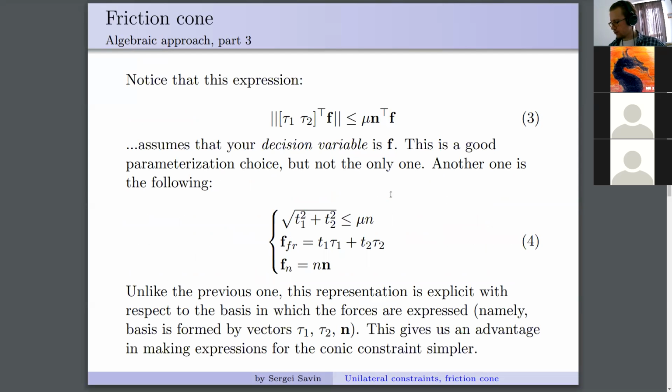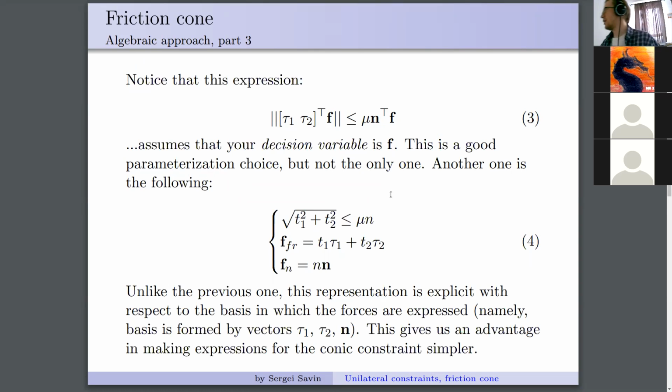Now, let us consider this. This is the same expression, called number 3, but it is the same expression as number 2. Notice, this assumes that your decision variable, the variable that decides if the expression holds or not, is F. Force F. This is a good choice.